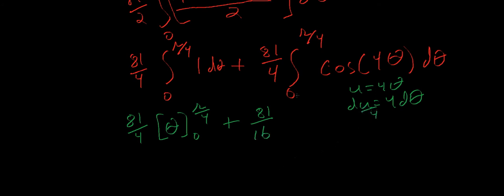So now my 4 d theta that I put in here, I'm going to take a 4th out. Hope that makes sense. 81/16, 0 to pi over 4, cosine u du.